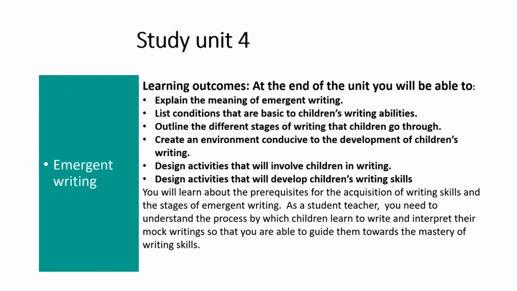You will learn about the prerequisites for the acquisition of writing skills and the stages of emergent writing. As a student, you need to understand the process by which children learn to write and interpret their mock writing so that you are able to guide them towards the mastery of writing skills. That is on emergent writing.